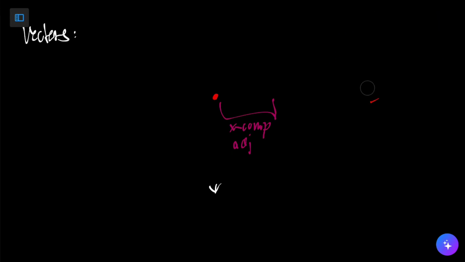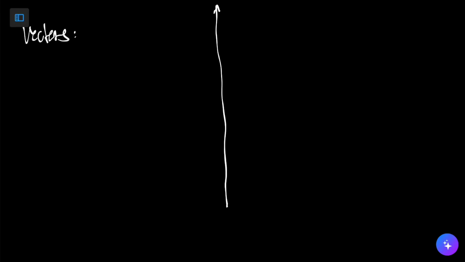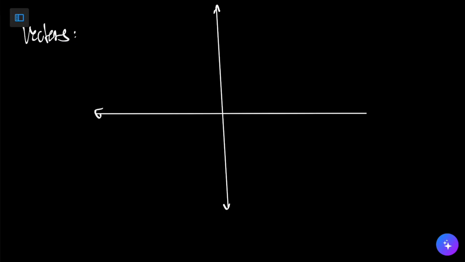So next one, we have to talk about vectors involving two vectors. When we talk about two vectors, it is usually just a combination of two vectors. Let's say this is 30 newtons, 15 newtons, 30 degrees from the x-axis, and this is 45 degrees from the x-axis.